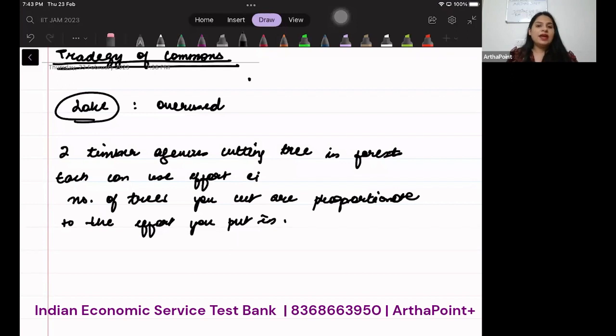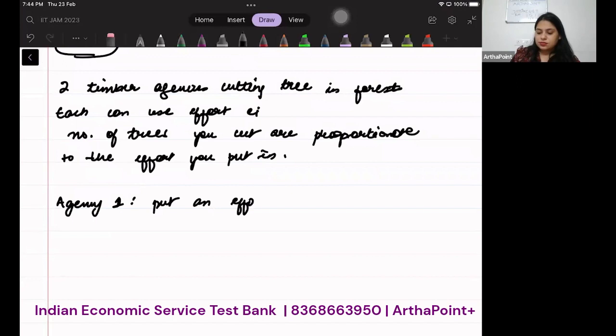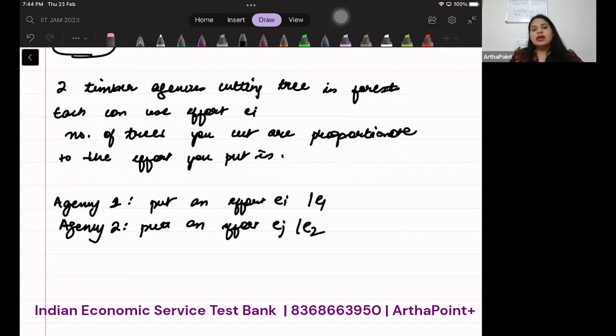Agency 1 can put an effort EI, and agency 2 puts an effort EJ. Let's take E1, E2 for simplicity. Just say agency 1 puts the effort E1 and agency 2 puts the effort E2.